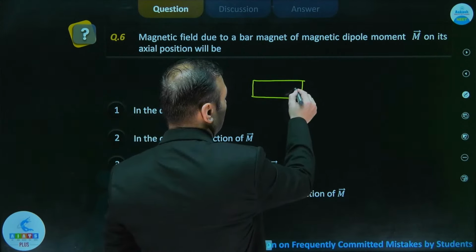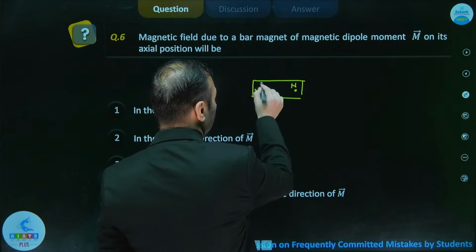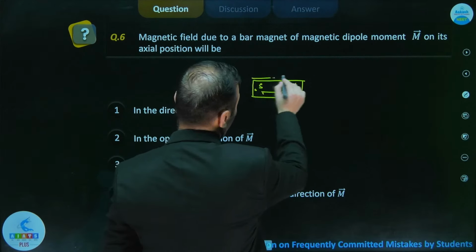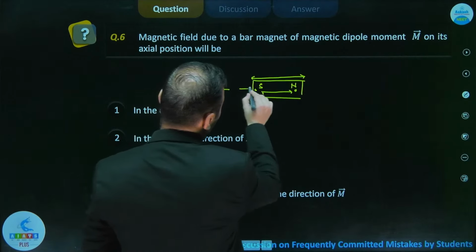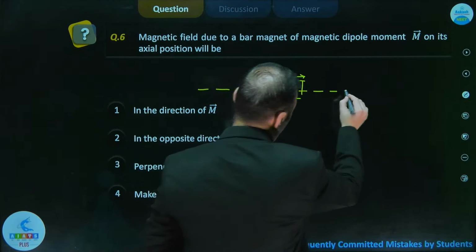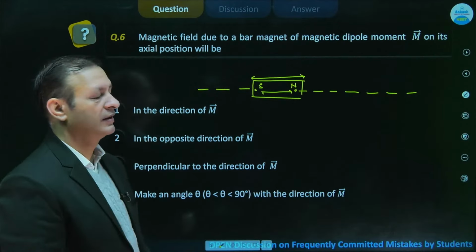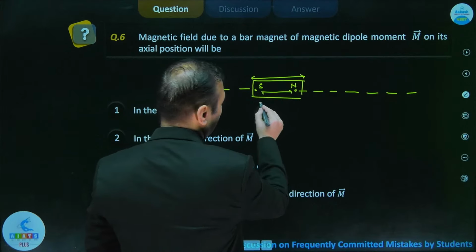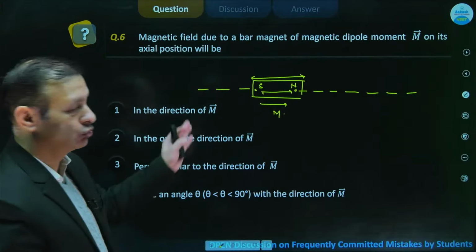Let's suppose we call this its north pole, this its south pole, and this is the magnetic axis, whereas this is the geometrical axis. Any line passing through the center is called its axial line. Now, south to north, so its dipole moment is like this, south to north.